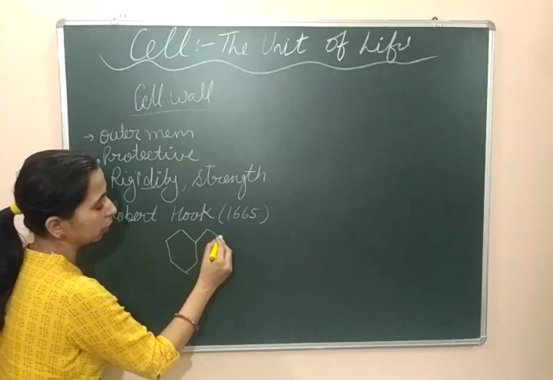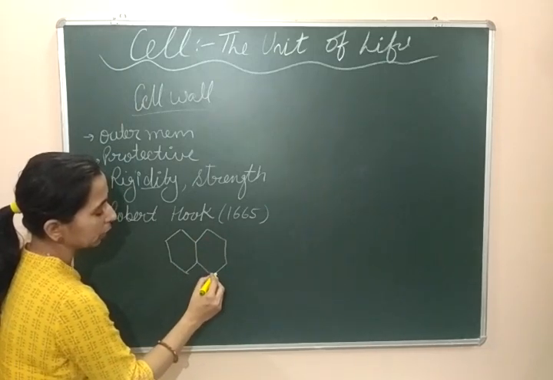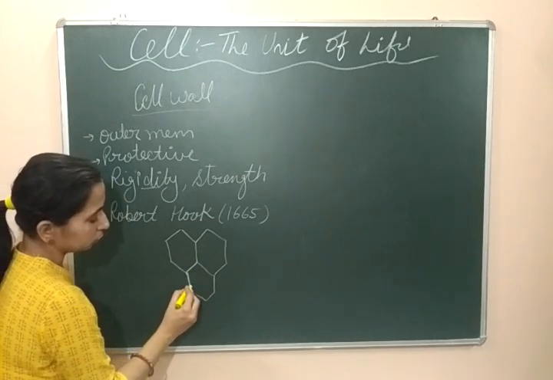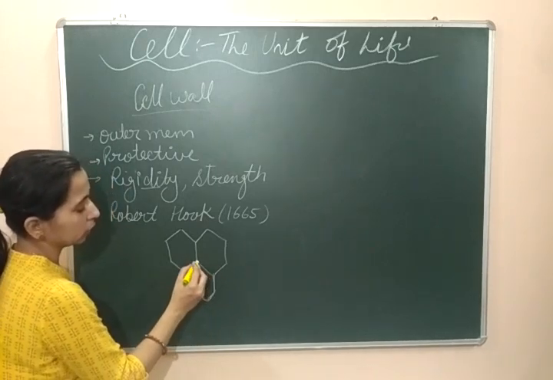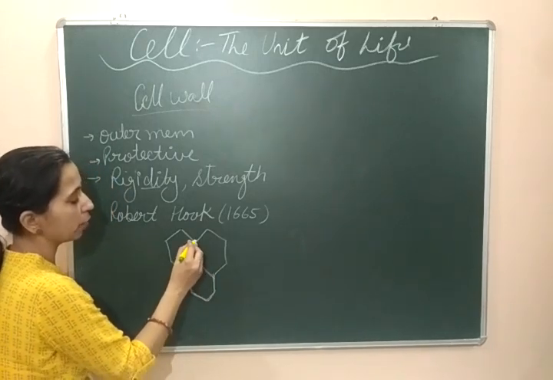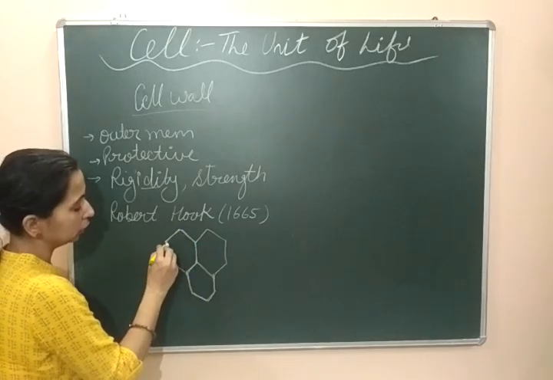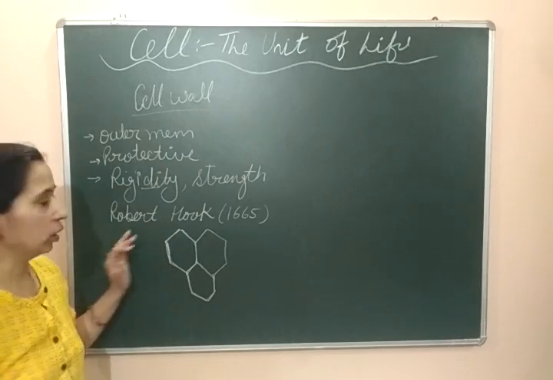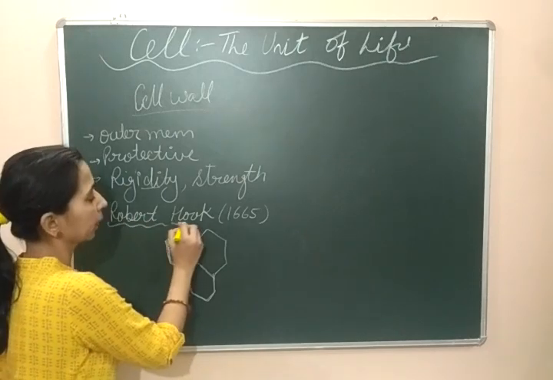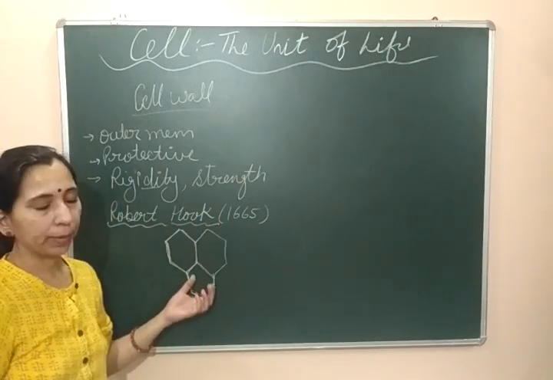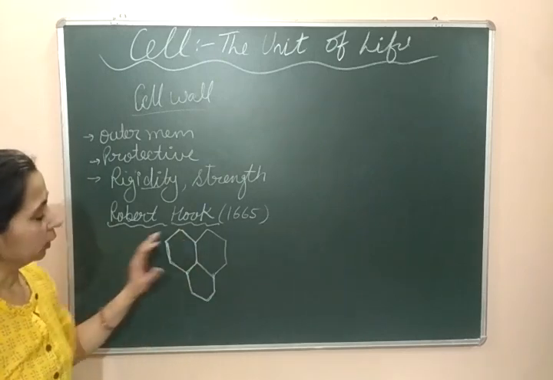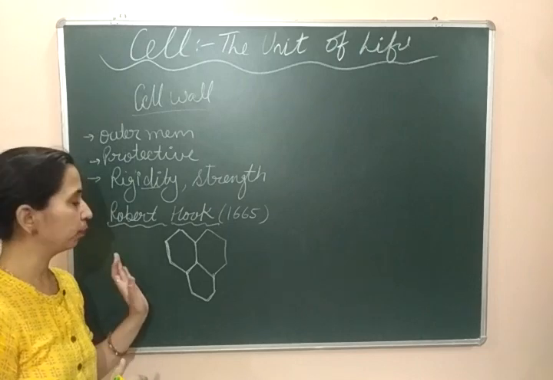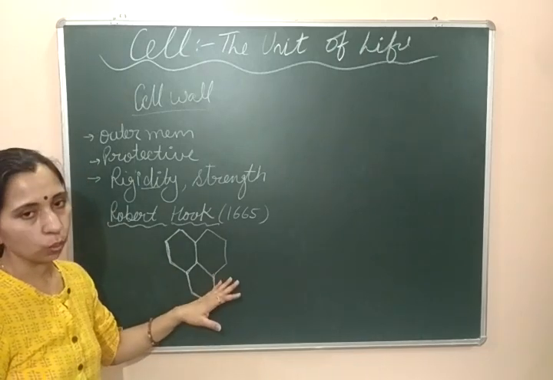He saw some kind of compartments. इस तरीके के compartments उन्हें नजर आए थे, and these compartments have this outer part. This is the cell wall. उन्हें इन compartments से जो structure नजर आई थी, this structure is the cell wall. So the credit of the discovery of the cell wall is given to Robert Hooke. He called the compartment a cell, and at that time these cells were dead cells. Only the part that he saw is the cell wall.